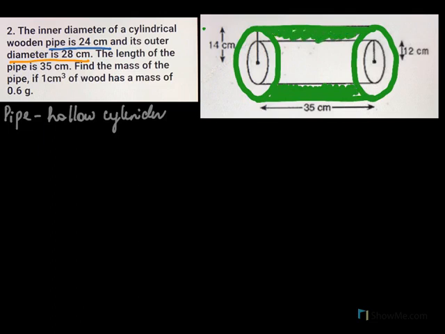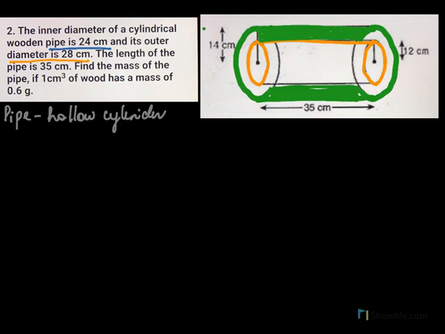So how would I find the dimensions only of this part? In the middle, it's empty. So first I'll find the volume of the entire cylinder. And once I find the volume of this entire cylinder, I will then subtract the volume of the inner cylinder, the hollow part.